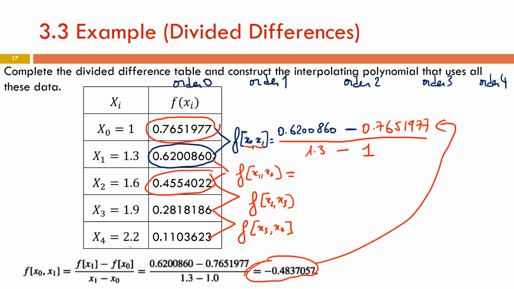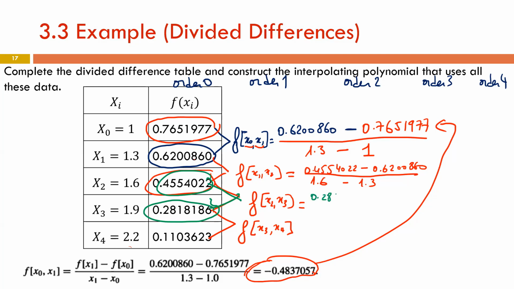هذه كيف نحسبها؟ The difference of these 2 values: 0.44554022 minus هذه 6200860 over x2 1.6 minus x1 1.3 ونحسبها. هذه، راح ناخذ these 2 values. اوكي، دي الفكرة easy.